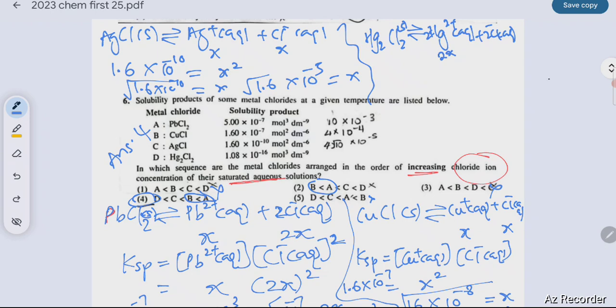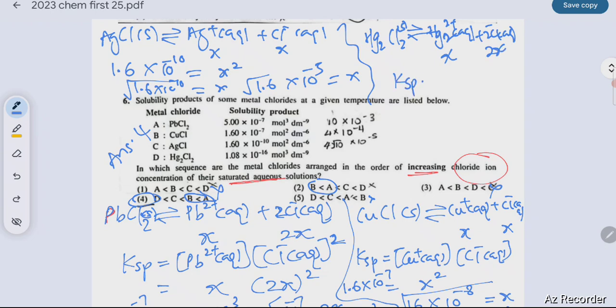This is the equation we are getting, Hg2 2 plus plus 2Cl minus. Then here we are getting x, and here 2x.